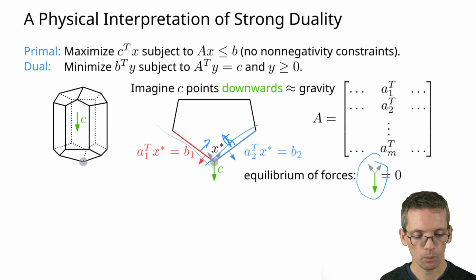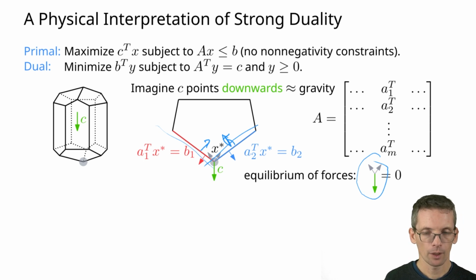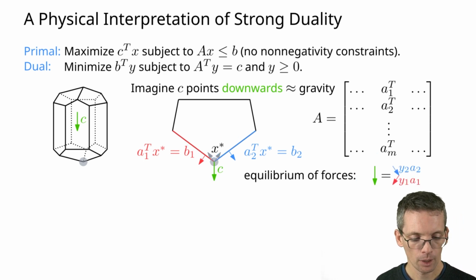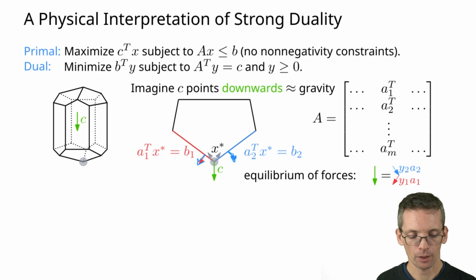Now let me write this slightly differently. Instead of having these forces showing upwards, I will take the minus those forces, and those then actually point downwards, this one and that one. But then instead of having C plus those forces being 0, I would have C equals the sum of these forces.